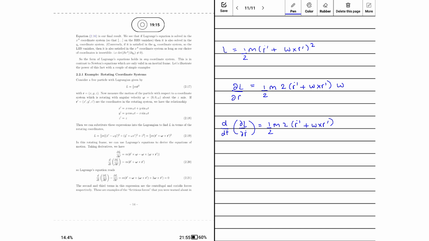Sorry, there is 2 dash, there is 1 dash. I have been a little sloppy here, I will admit it, but that is fine. The formula gets recreated.